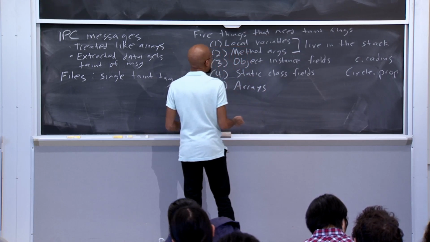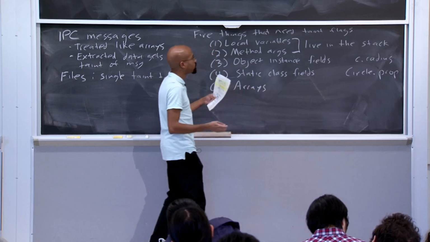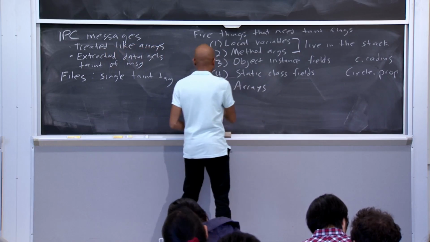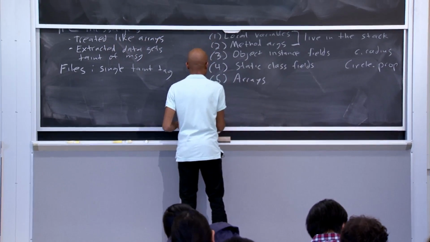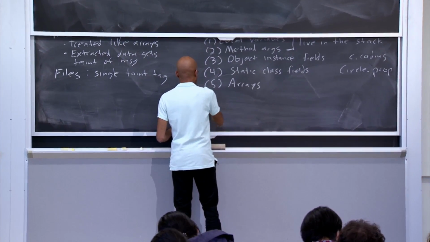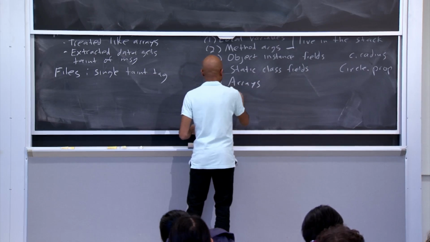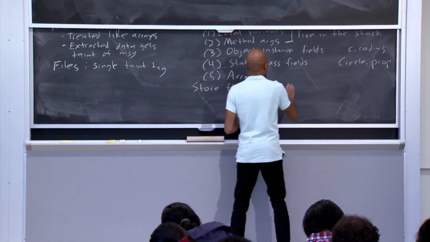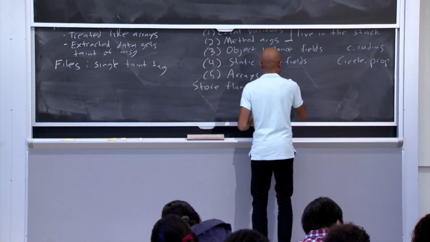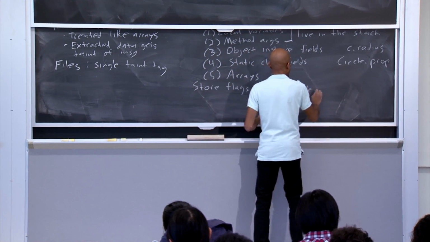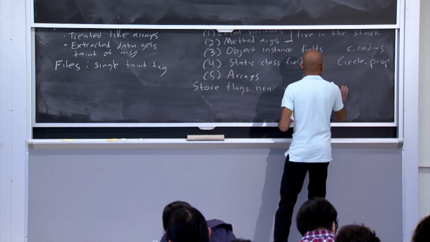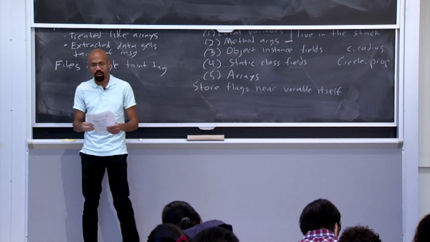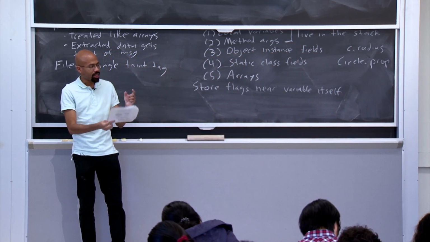The basic idea for how we're going to store these taint flags at the implementation level is that we're going to store the taint flags for a variable near the variable itself. Let's say we've got some integer variable.